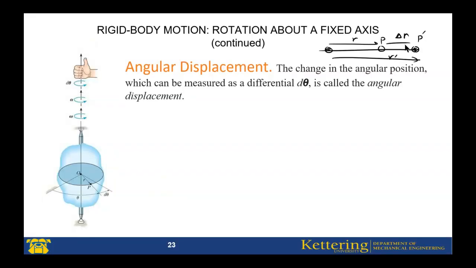Here it is called angular displacement, or d theta. Also, d theta is an angle. We usually use radian for the units of theta and d theta.